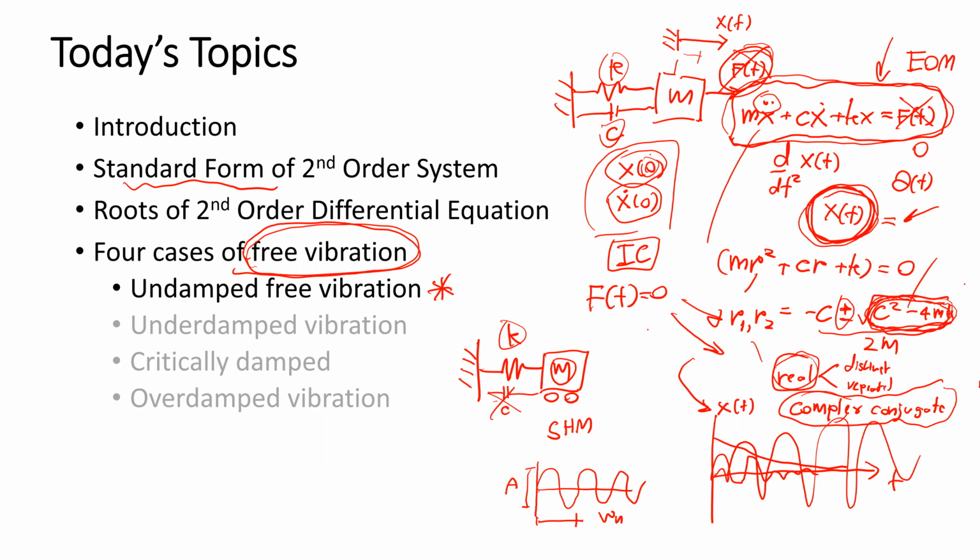You know why the system can continue vibrating as time passes? If we consider it in energy terms, if the system has the initial displacement, it means you store energy in the system.